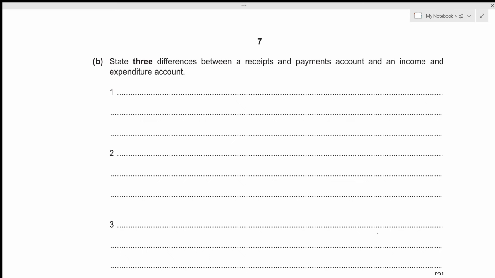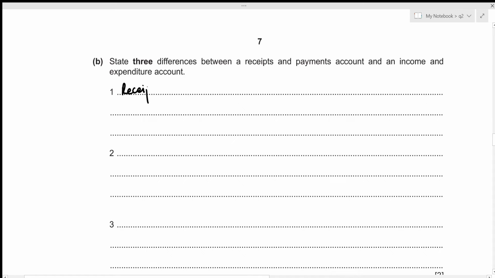And the major difference here is that receipts and payments account can include the receipts that we have gotten for previous year or the new upcoming year, but income and expenditure account can only include the incomes and expenses of this particular year. Let's write it down.